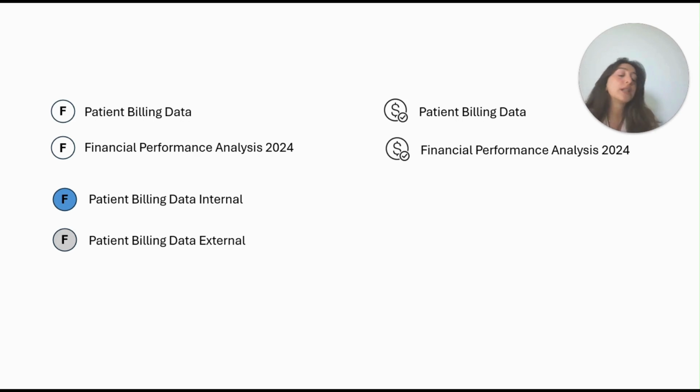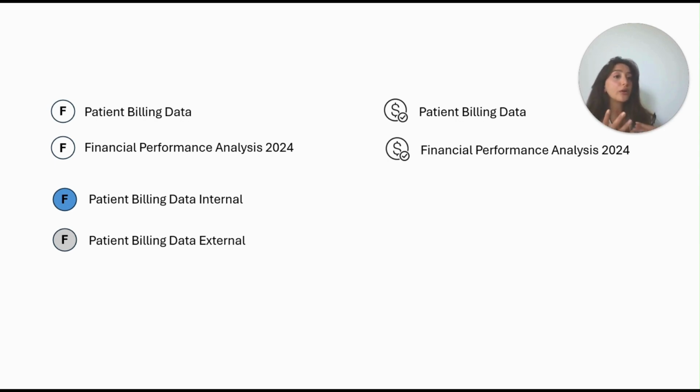Why did I mention that the workspace image is important? Because you can leverage those images to give your user a quick overview of what it is about. So if you add an F as an image, people are going to know that this is finance. Instead of adding an F, you can also add a dollar sign. So every time it's a dollar sign, people will know that it's for the finance department.